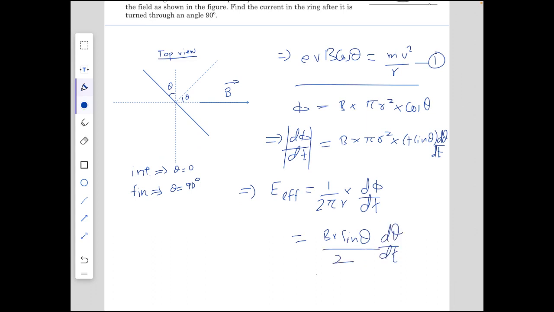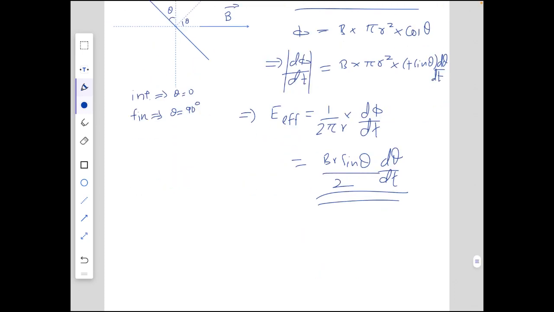So this is the electric field which is causing the acceleration of the electrons and is also being resisted by the inductance. So what we can write from here is that e times E effective is equal to the mass of electrons times dv by dt plus e times L di by dt over 2 pi r.